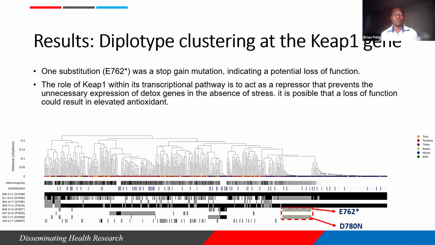For that reason, we need to check through as much as we can to identify which could be a driver of possible resistance, and that is the reason why I did diplotype clustering. In particular, the fact that E762 is a stop-gained mutation, which indicates a possible loss of function, gives us a chance of probably attributing it to association with insecticide resistance. But this area still needs further research.